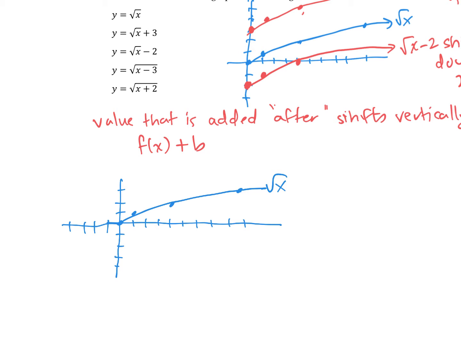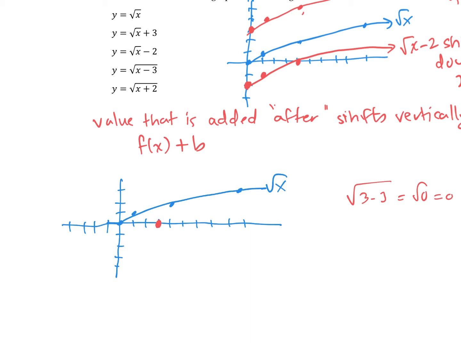I can't use 0 because 0 minus 3 gives me a negative number. The smallest number I can use would have to be 3, because 3 minus 3 gives me 0. So when x is 3, 3 minus 3 is 0, square root of 0 is 0.